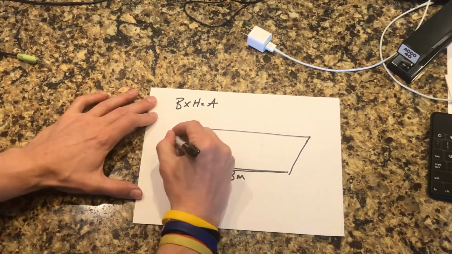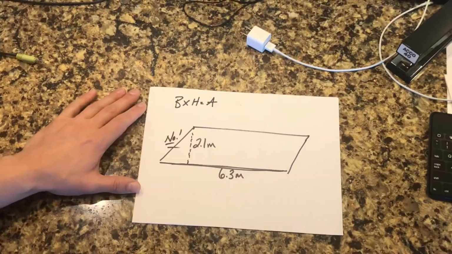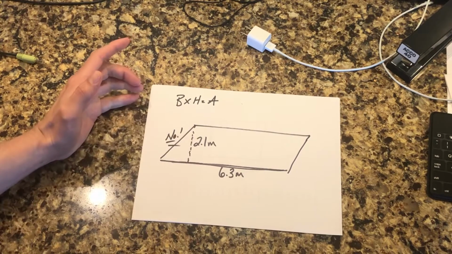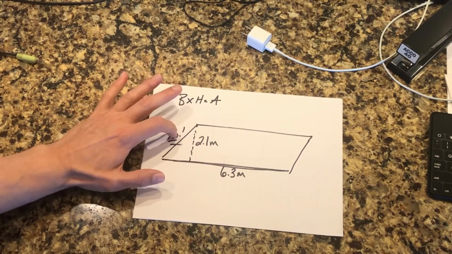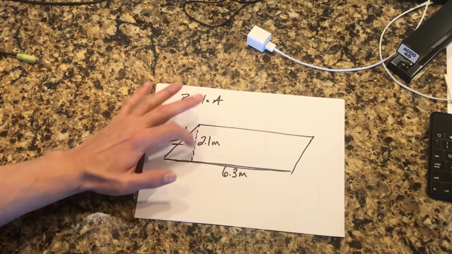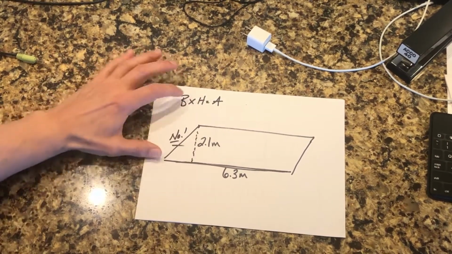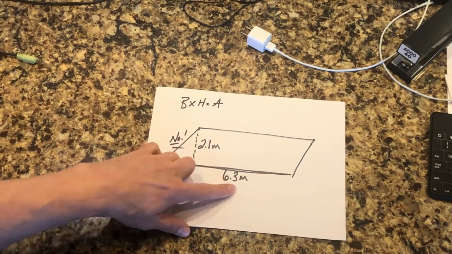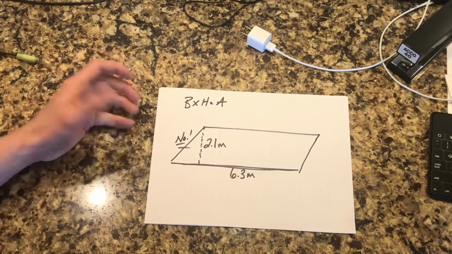You never, ever, ever worry about the slant in a parallelogram. It's always the height you worry about. They might have a number out here, but you don't worry about that number when finding area. It's always the number within here. So if I have the base and the height, 6.3 meters and 2.1 meters, I'm going to multiply those two together to find the area.